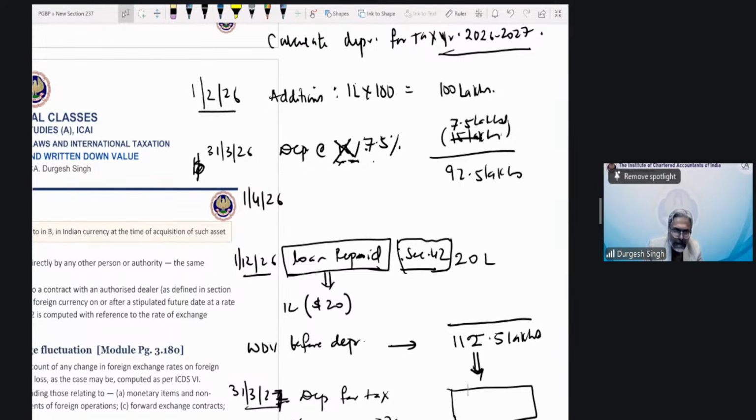Then a subsequent exchange rate fluctuation shall be recognized as under.